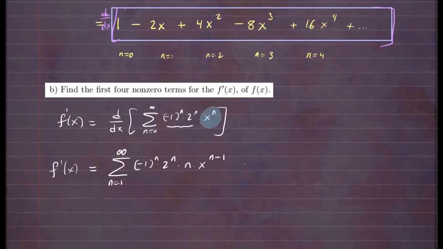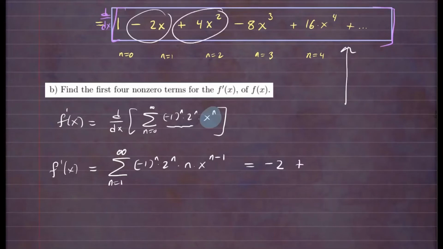Now let's check this out with these pieces right here. If you take the derivative of negative 2x, you get negative 2. Plus, when you take the derivative of this, you get 4 times 2, that will be 8x. When you take the derivative of that, you get negative 8 times 3, that'll be negative 24x squared.